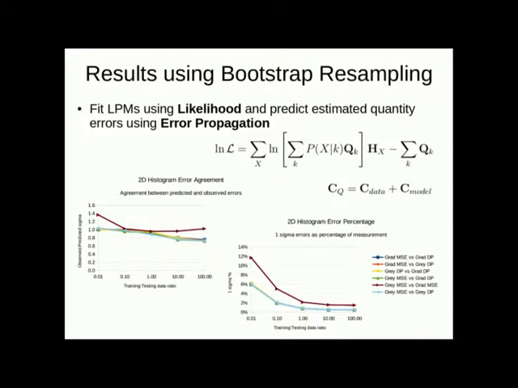Now, once we've estimated the Q_K terms, the quantities of these different classes of feature, we'd also like to know what the errors are on those quantities, and that's achieved using error propagation. Very briefly, error propagation works by looking at how small changes in input data affect changes in summary outputs.